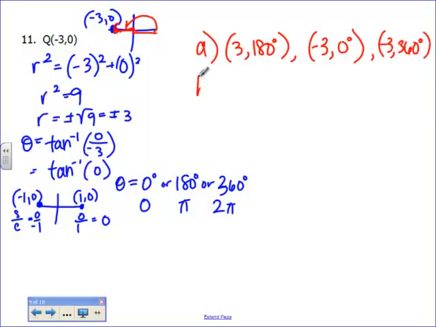Okay, then in part B, we repeat the process, but this time with our radians. (3, pi), (-3, 0), and (-3, 2 pi).